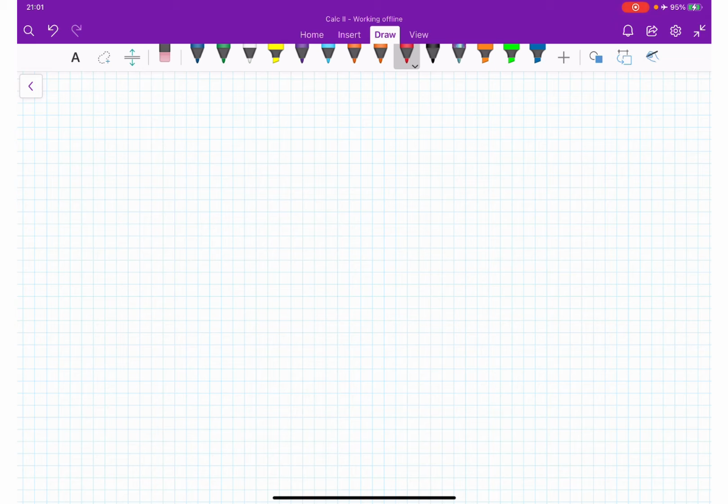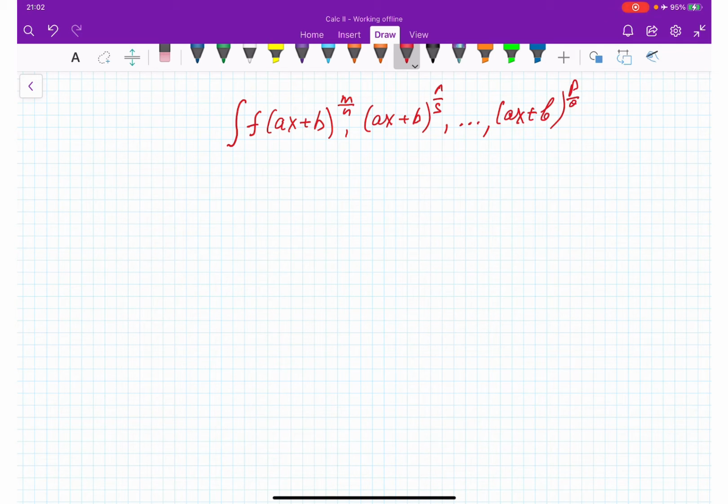So I'm going to use this form today: integral of f of (ax plus b) to the power m over n, (ax plus b) to the power r over s, then (ax plus b) to the power p over q, x, and dx.